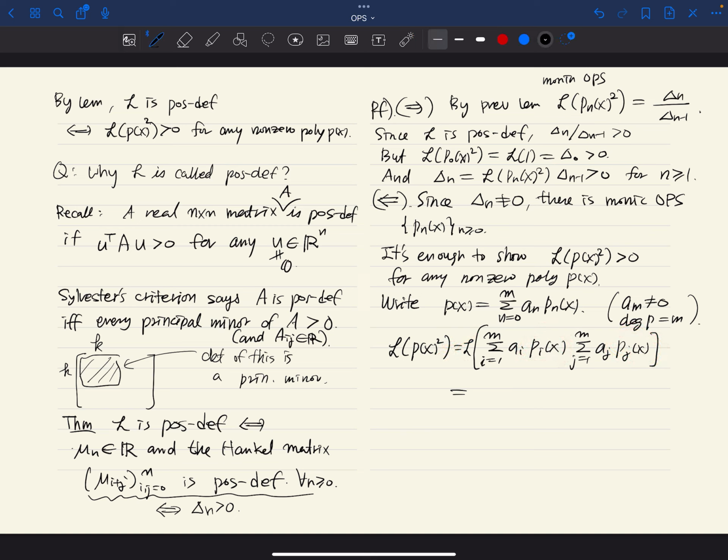So you only get those, say sum over i from 1 to m of a_i squared, with j equal to i, because otherwise it will be 0. Right? But then, what happens? This is non-zero, but actually this is positive.